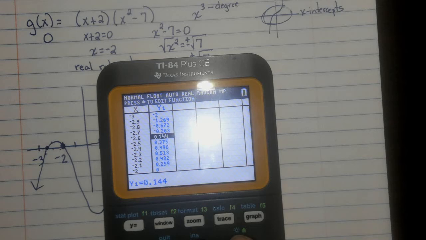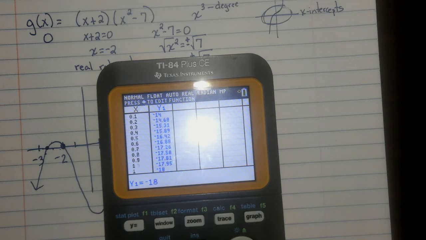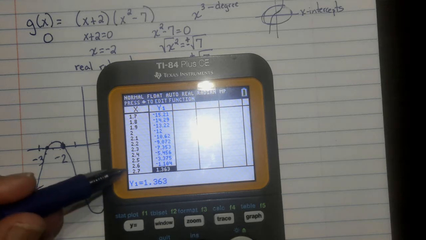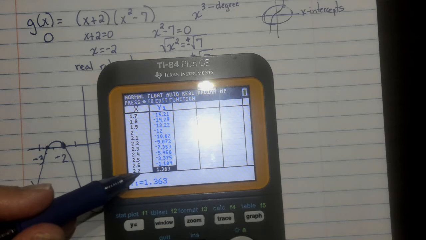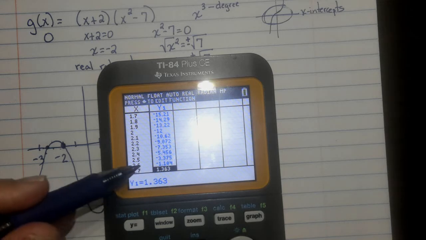All right, let's go to 2.6. Scroll down quite a bit. Scroll down a lot, actually. All right, you see at 2.6 I have a negative answer, and at 2.7 it switches to a positive answer.